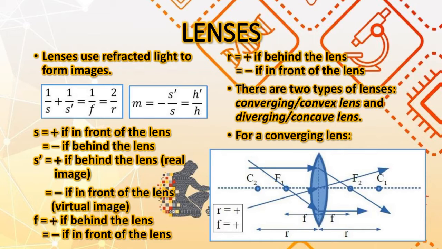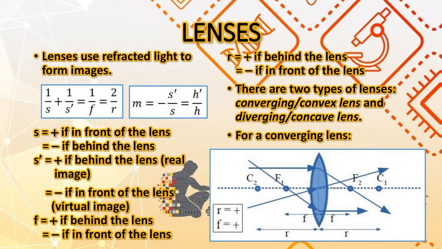Next, we have the radius of curvature R. R is positive if the radius of curvature is behind the lens, and negative if the radius of curvature is in front of the lens.